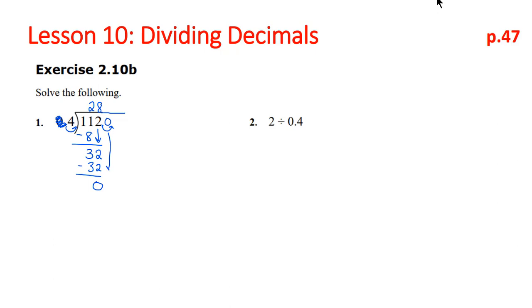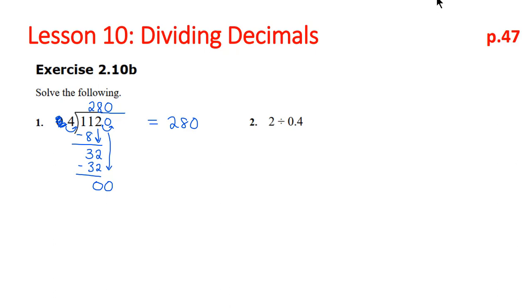Now I bring down this 0. 4 into 0 goes 0 times, and I'm finished. So my answer here is 280. 112 divided by 0.4 is 280.